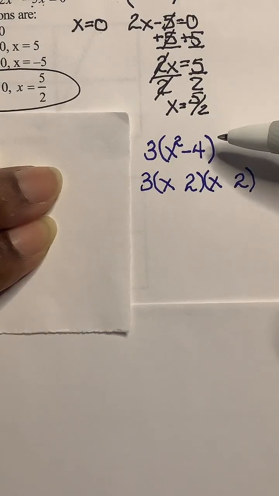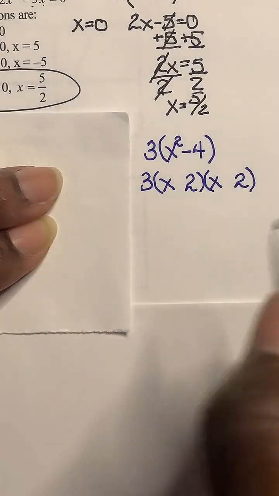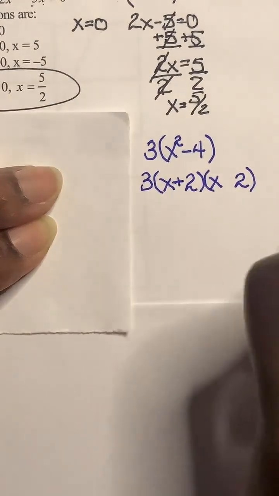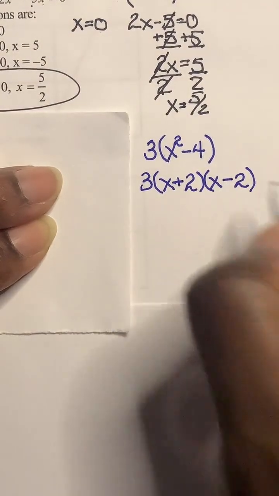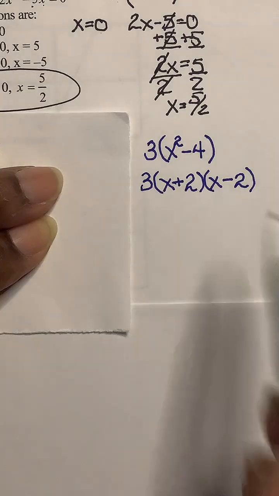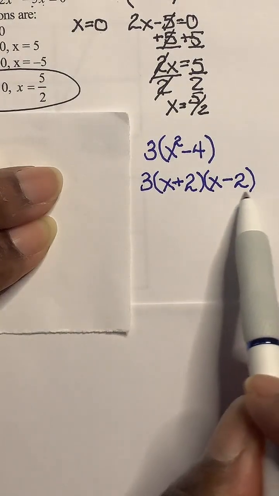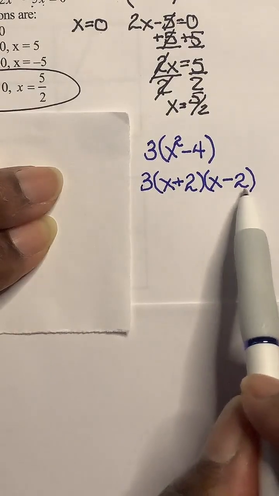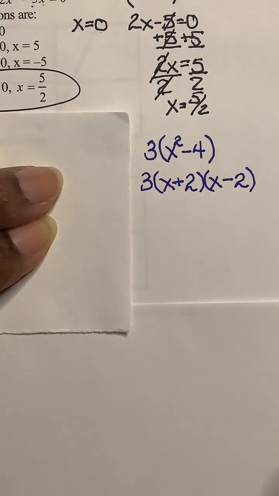But we're not looking at a positive 4. We're looking for a negative 4. So in order for it to be negative, one of my 2's has to be positive and the other one has to be negative. Okay, good. All right. So this is what's called factored completely. I can't go any further than this.